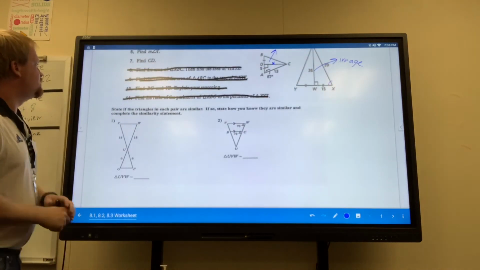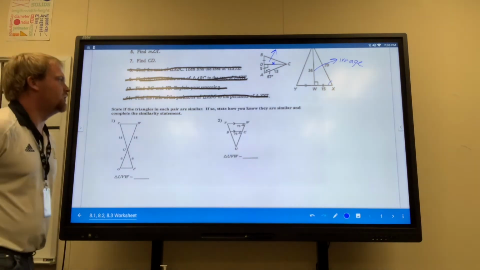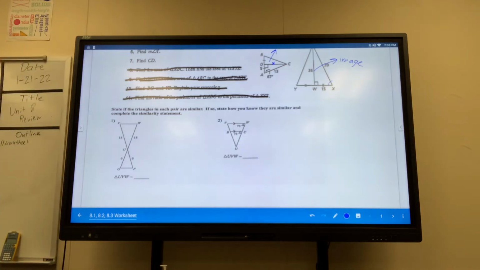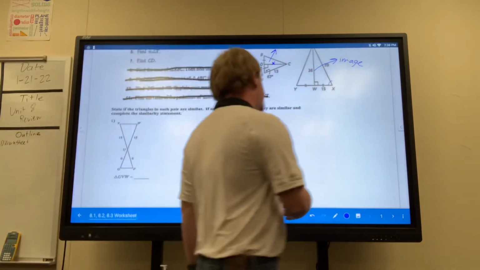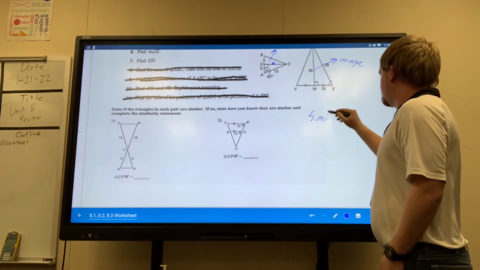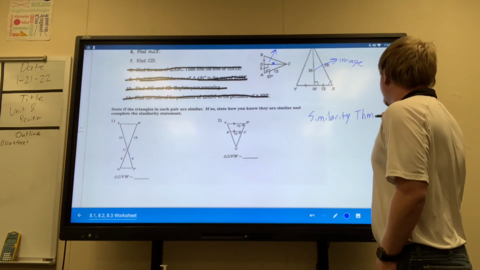Next, state if the triangles in each pair are similar. If so, state how you know they are similar and complete the similarity statement. So here's what we're talking about: similarity theorems.